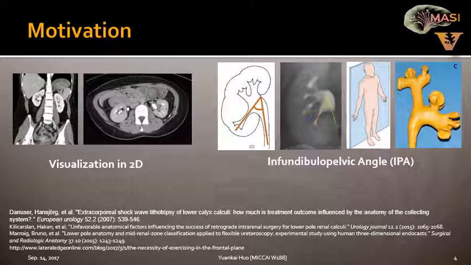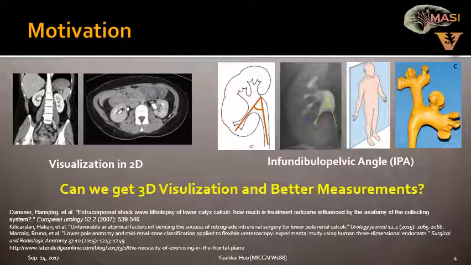And traditionally, we use a measurement called IPA to evaluate the difficulty of the most difficult case to get the stone out. Now, our motivation is, can we get 3D visualization which helps the doctor to visualize the urine collecting system or pelvis?